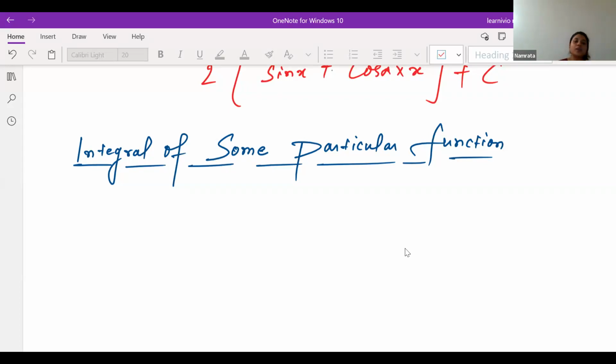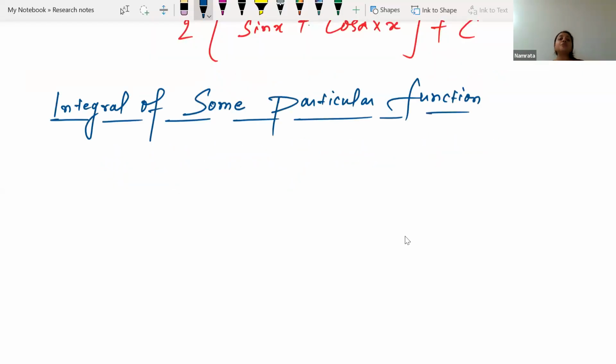So here we have a few formulas. We are going to use these formulas while doing the integration of a lot of given questions. Let me write the formula, then I'm going to discuss where exactly these formulas came from.